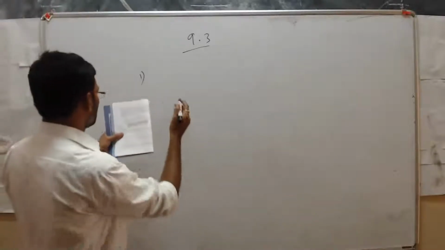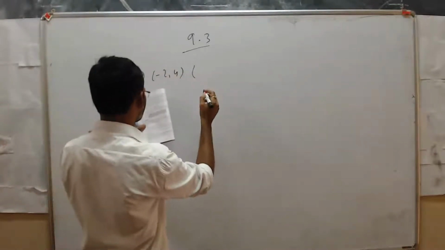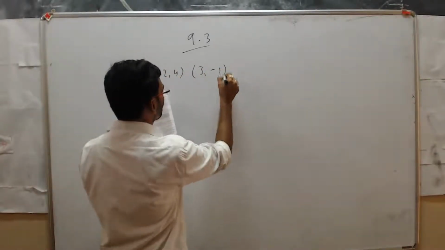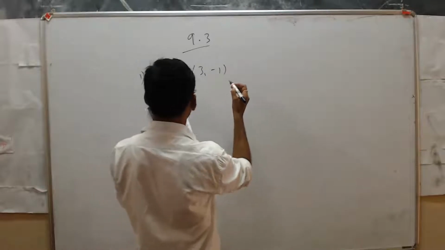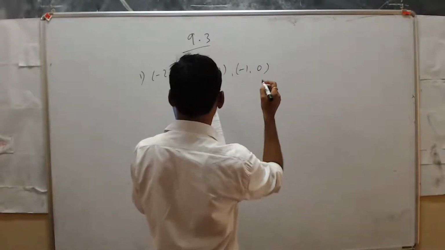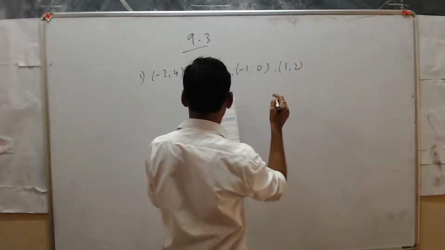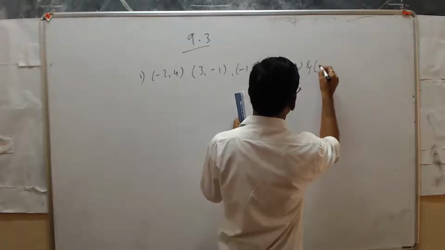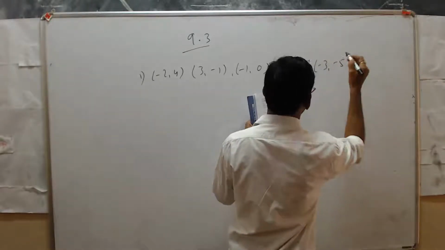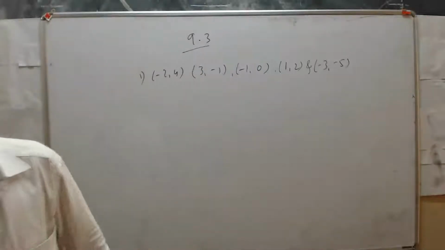Okay, points. Now (-2, 4), (3, -1), (-1, 0), (1, 2), and (-3, -5).